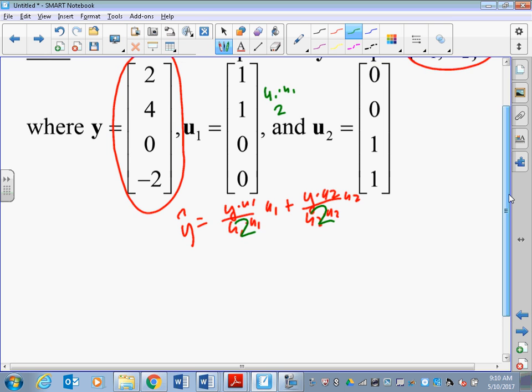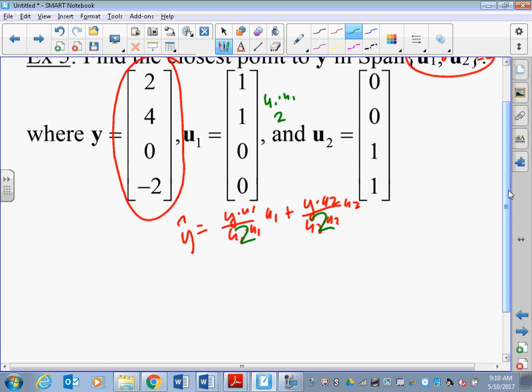And y dotted with u1 is going to be 6. And y dotted with u2 is going to be -2, right? So y hat is just going to be, so these top numbers are 0 for u2. So really the only thing that matters is this 3. So 3 and 3, right?